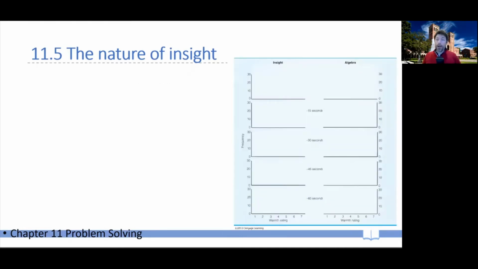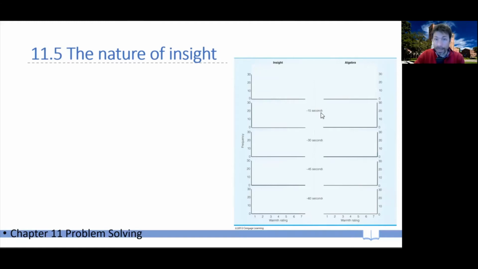And so these are the average ratings of warmth from the participants. Let's start with the non-insight problem, the algebraic problem on the right side. I'll start by orienting you to what these graphs mean. Take the moment when they finally get the solution. That's what happens up here.